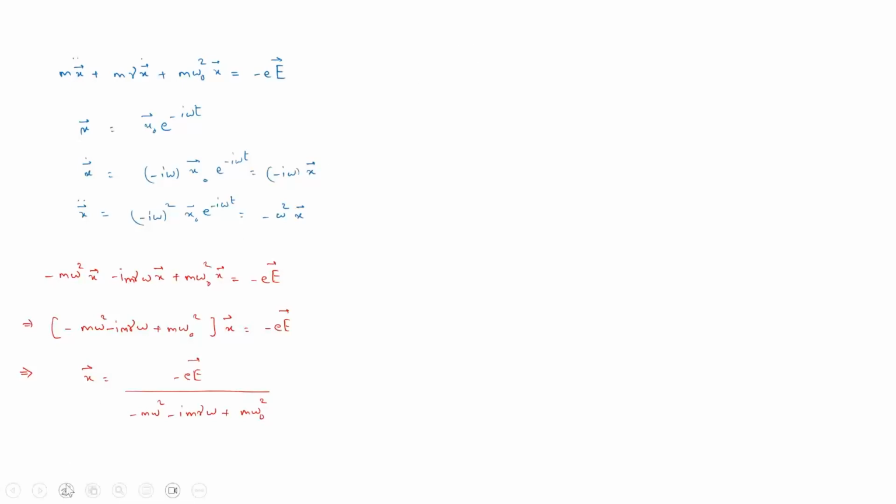This gives us the polarization P equal to minus N e x, which is nothing but minus N e times x, using it from here, minus m omega square minus i m gamma omega plus m omega naught square.